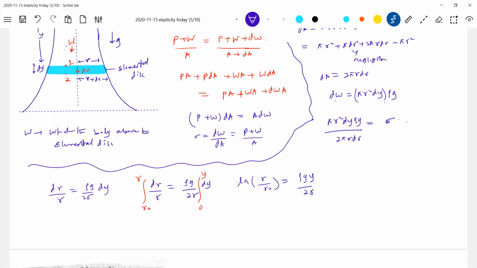Substituting this, r is equal to r naught e to the power of rho g y by 2 sigma. But we don't know sigma, no? Where has sigma gone? 2 sigma, yes, it is.